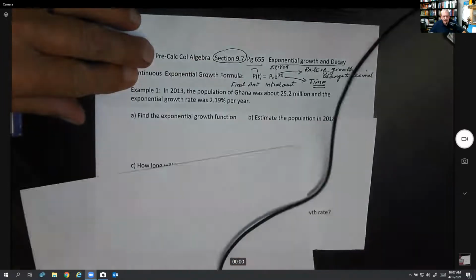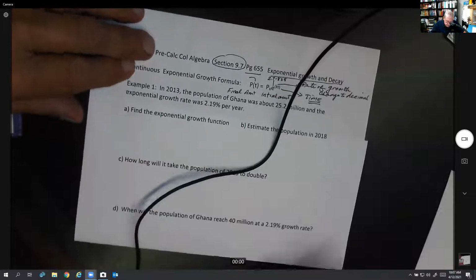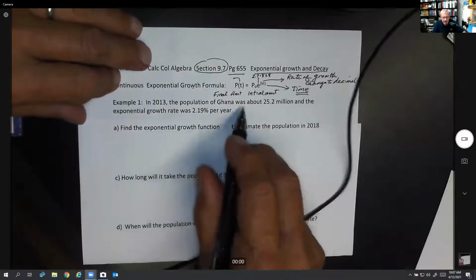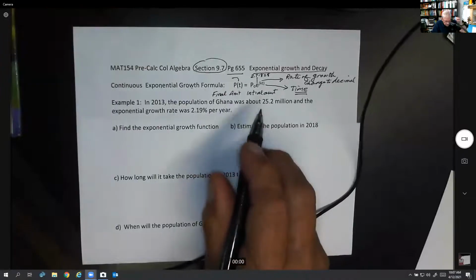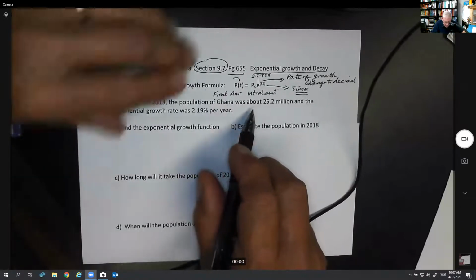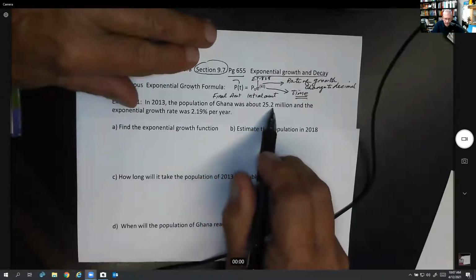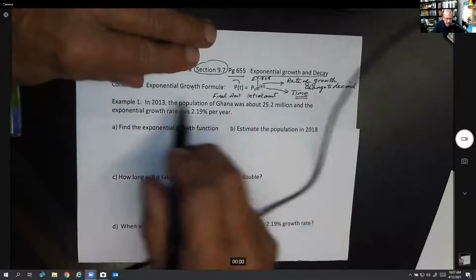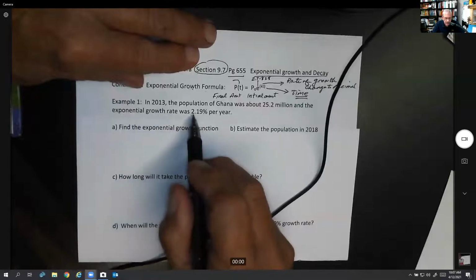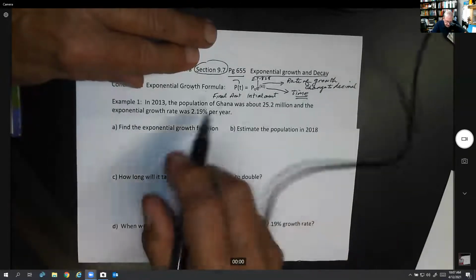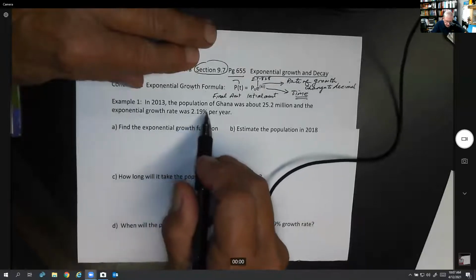So we're going to answer some questions here. In 2013, the population of Ghana, which is on the west coast of Africa, was about 25.2 million. And the exponential growth rate, in other words, it's growing every year at 2.19%.